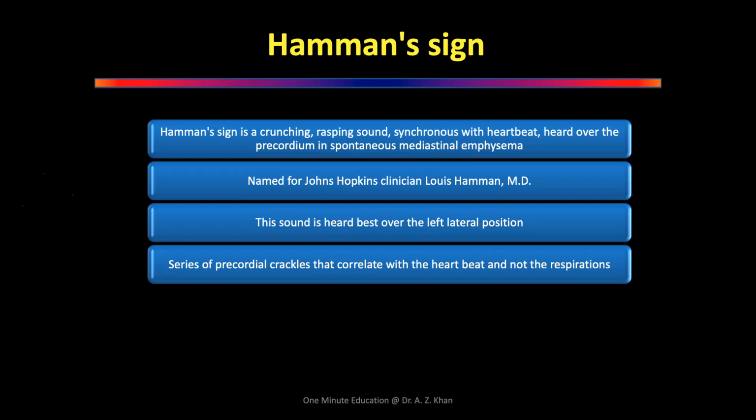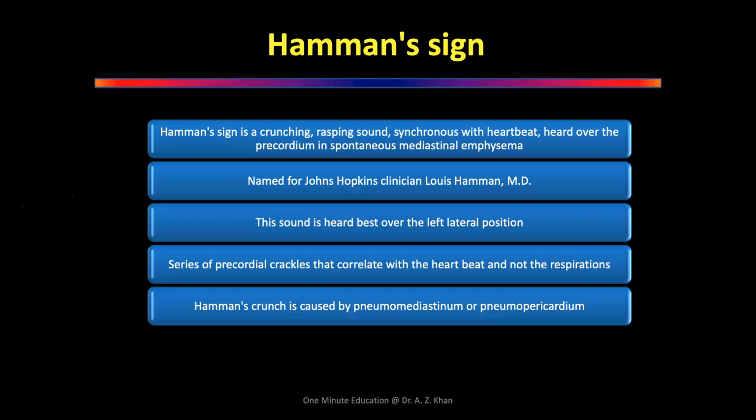The important difference is you're correlating the crackles with the heartbeat because the air is around the heart in the mediastinum. So the crackles are not associated with respiration, but are associated with the heartbeat, and it is an early clinical sign which will help you to diagnose pneumomediastinum or pneumopericardium.